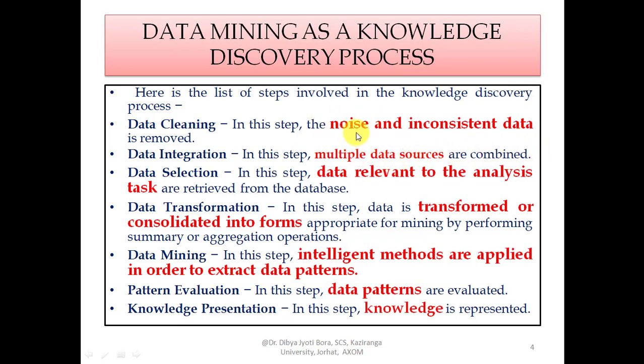So we have to remove the unimportant, or inconsistent, data, and also the noise present in the data. Noise means those data points which are in no way relevant to our data of interest. So data cleansing means the noise and inconsistent data removal step.